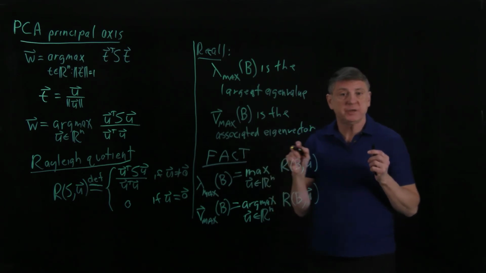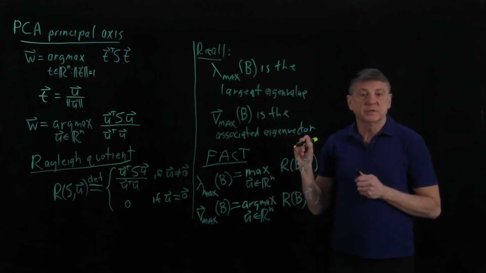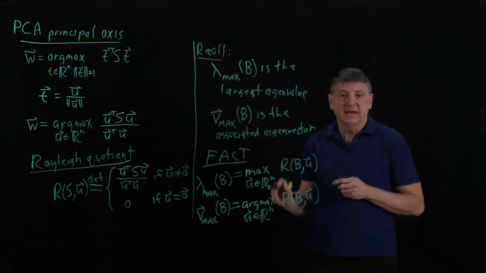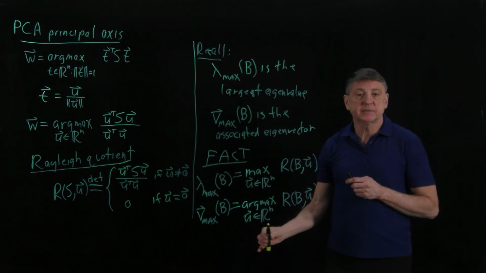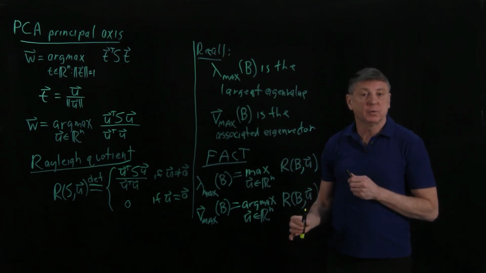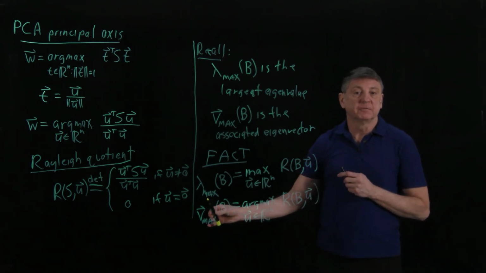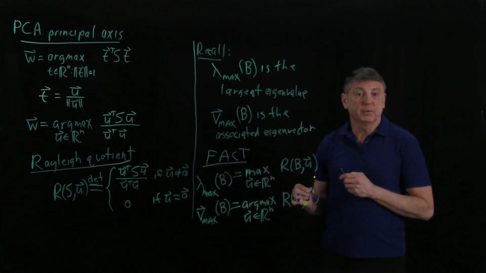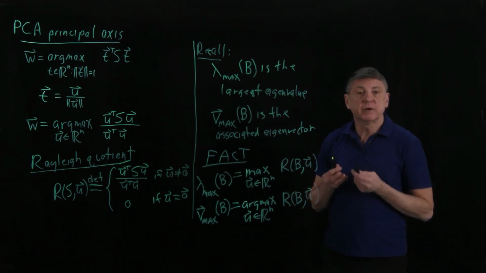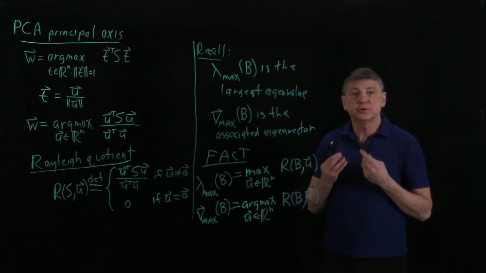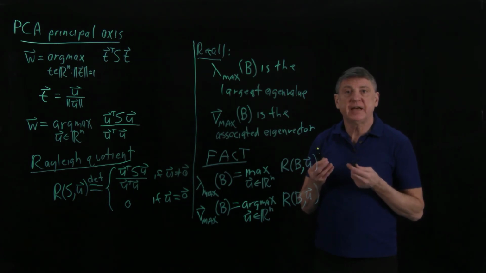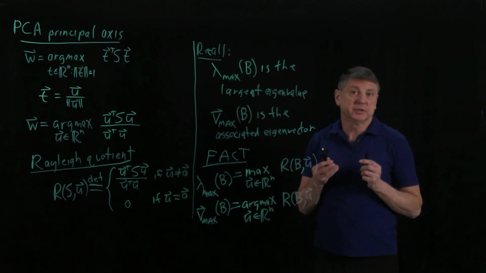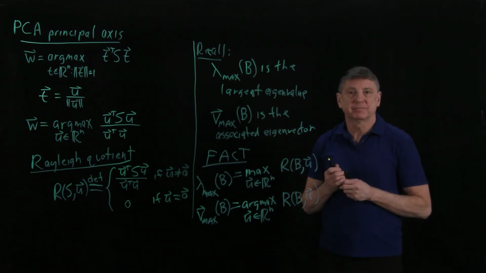Now that continues to be true, but we can also say that the principal axis is the result of finding the maximum input argument for the Rayleigh quotient, and the first latent variable is the result of a maximum of the Rayleigh quotient itself. So we can use the Rayleigh quotient to formulate those terms that we previously used the covariance matrix and the scatter matrix for.